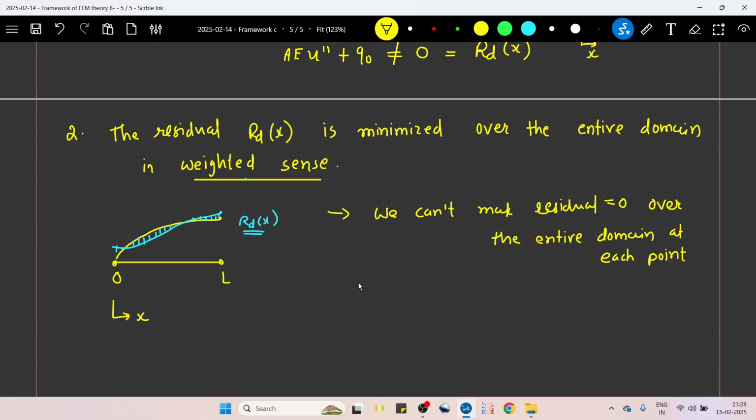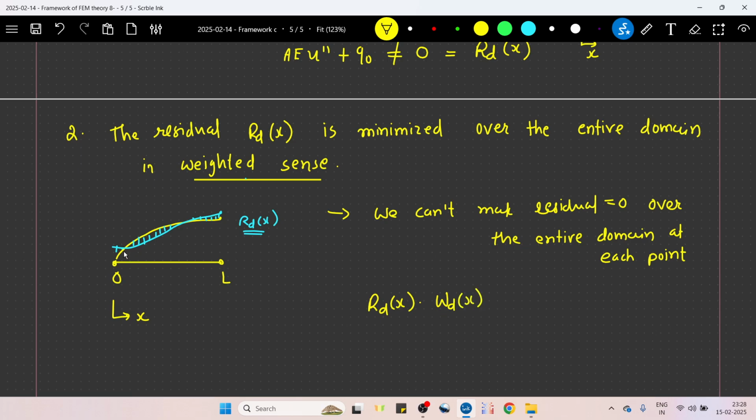Okay, so what we are saying, we'll try to minimize over the entire domain in a weighted sense. What does it mean? Weighted sense means we'll multiply this error R(x) with some weighting function.